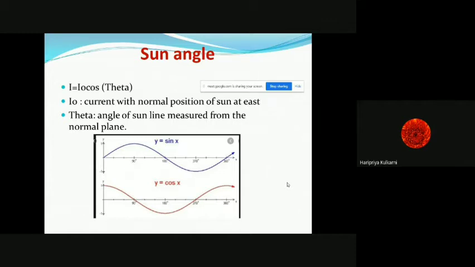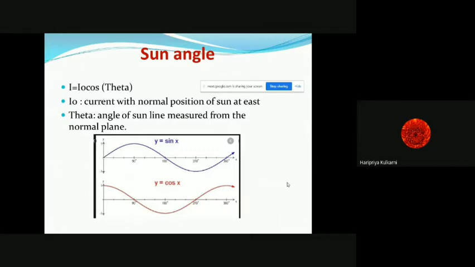Normal position means we are considering the starting point, that is during sunrise at east. Obviously the angle between the panel and the sun will be 0 at that time. So here θ will be 0, cos θ will be 1, and our current is equal to I0. Whatever current we get initially, we call I0. As the sun travels from east to west, or say east to mid afternoon, we get maximum power during mid afternoon, around 12 to 1, right?